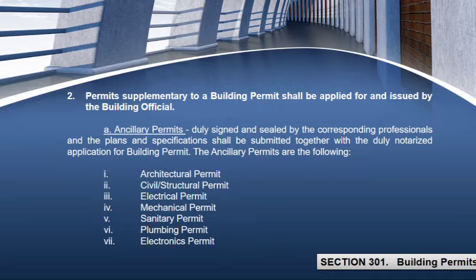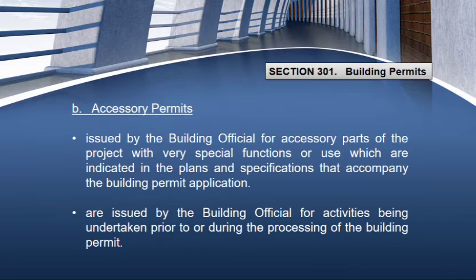And these are the following ancillary permits. There are 7: the architectural permit, civil or structural permit, electrical permit, mechanical permit, sanitary, plumbing, and electronics permit. And the other one is the accessory permit. These are issued by the building official for accessory parts of the project with very special function or use, which are indicated in the plans and specifications that accompany the building permit application.